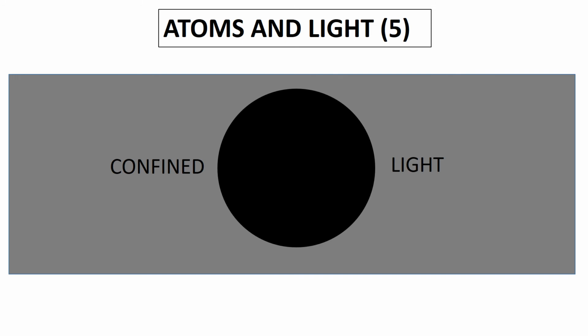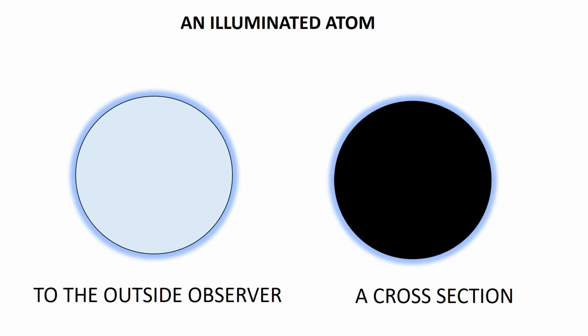We are, however, able to see atoms by illuminating them, that is, by shining a light on them and looking at the reflected light, the re-emitted light. So the outside observer sees a cloud of electric charge that we illustrated earlier.